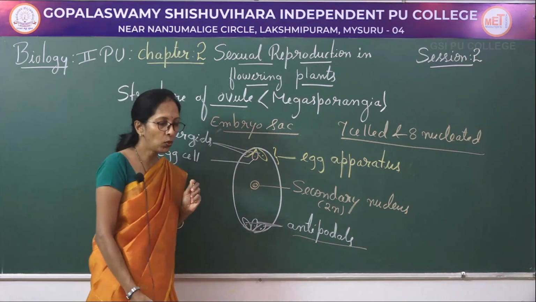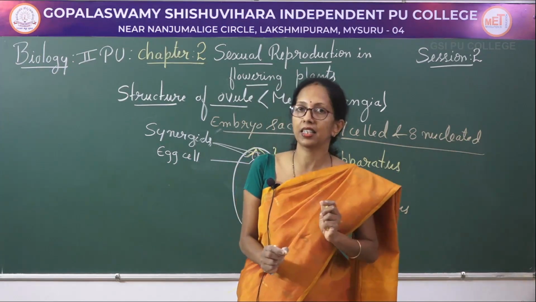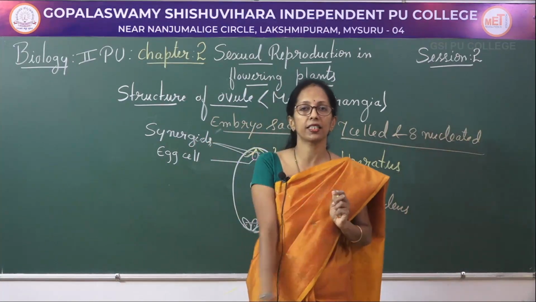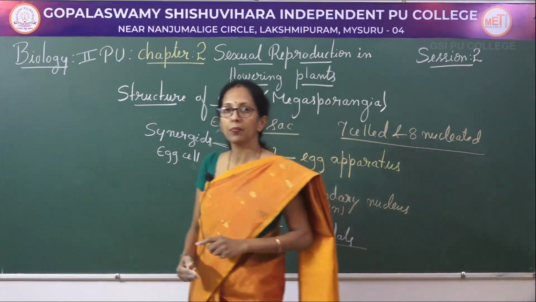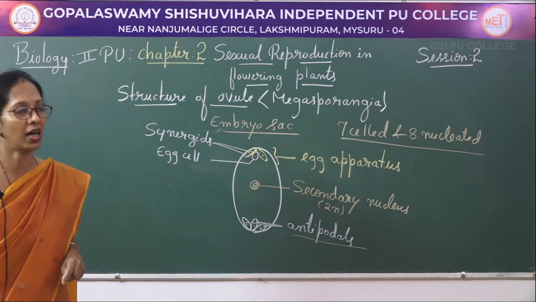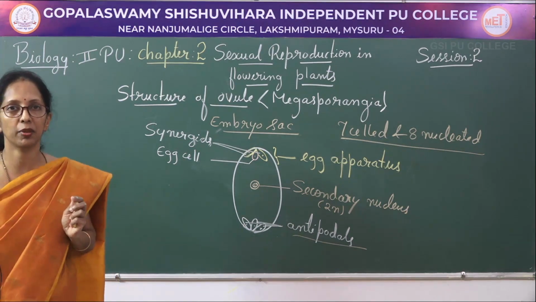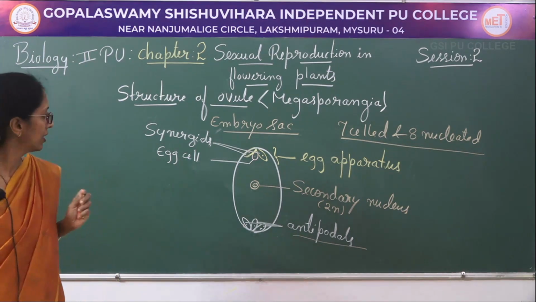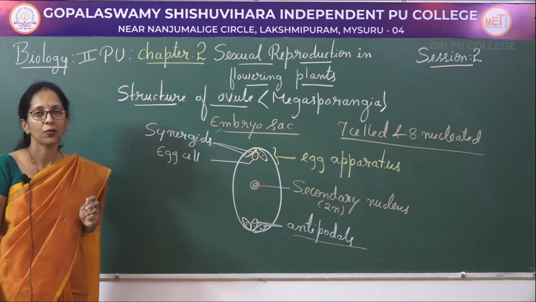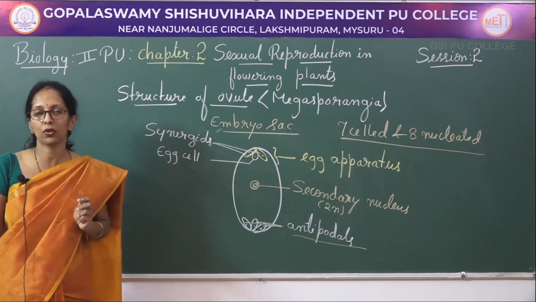megasporangia. So the ovule or the megasporangia is present inside the ovary. It has a stalk, that stalk is said to be the funicle, and the point of attachment of the ovule to the funicle is said to be the hilum. The main mass of tissue is said to be the nucellus, and the nucellus is covered by 2 layers, the integuments, which leave a small passage or gap said to be the micropyle.